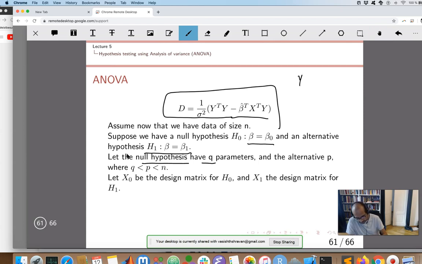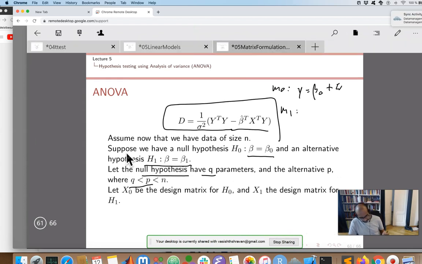When I have a model like beta 0 plus epsilon, that's my null model, and it has a certain number of parameters, which we'll say is q. The alternative model will have one extra parameter. It'll have p parameters, and p will be larger than q.